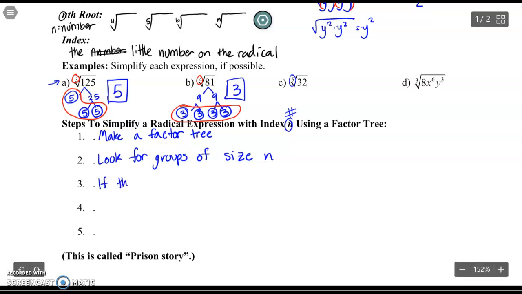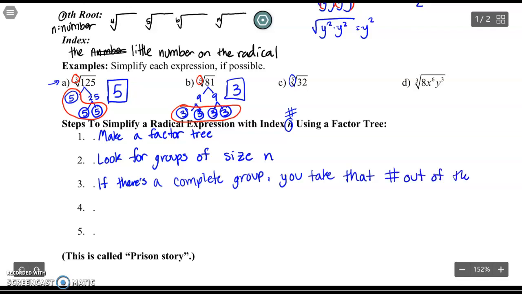If there's a group of size n, so if there's a complete group, you take that number out of the radical. Okay?